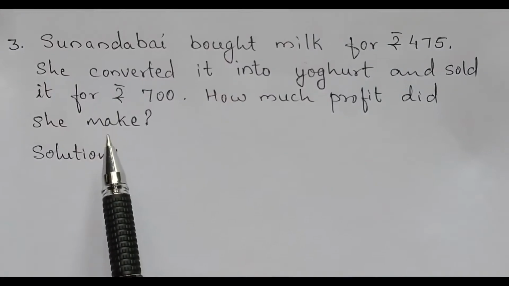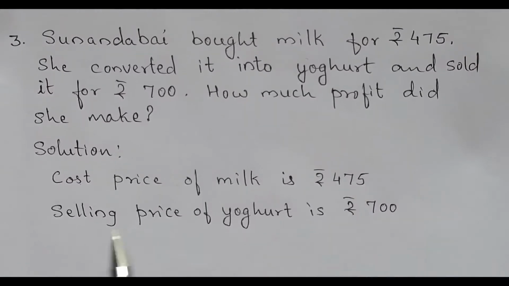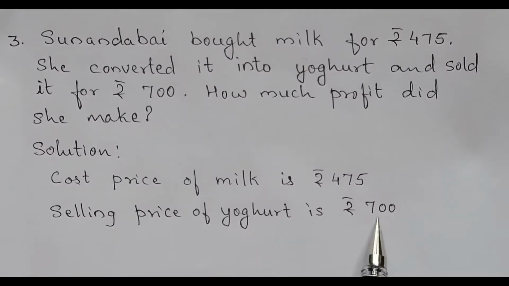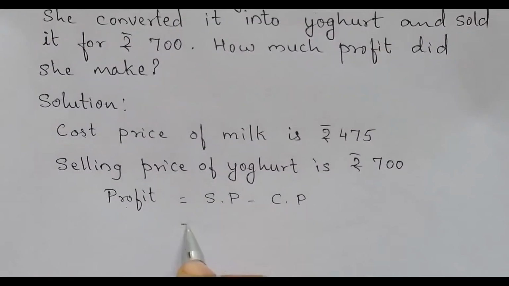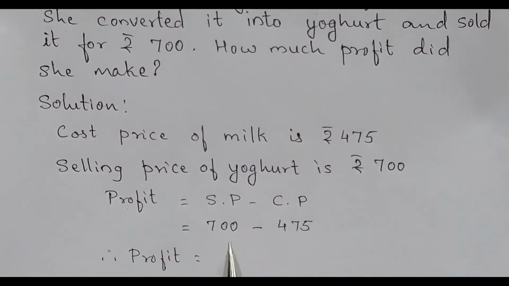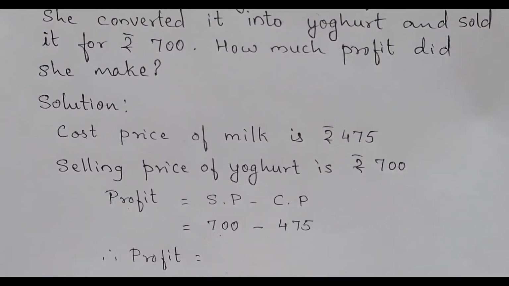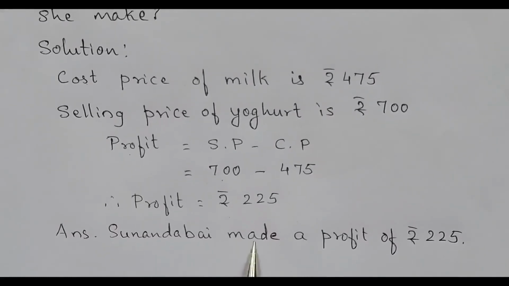We know profit is equal to selling price minus cost price. That is 700 minus 475. 700 minus 475 is 225. So the profit is rupees 225. So your final answer is Sunanda Bai made a profit of rupees 225.